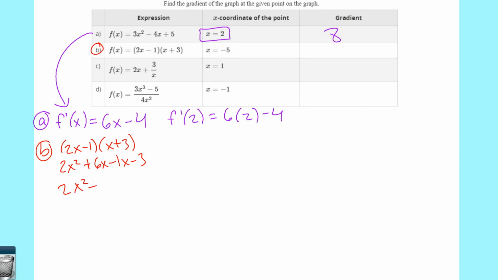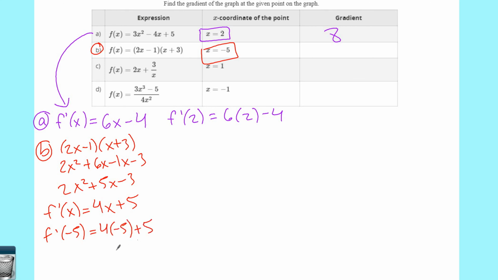So 2x squared plus 5x minus 3. So the derivative would be 4x plus 5. Plug in negative 5. 4 times negative 5 is negative 20. Plus 5 gets you negative 15.